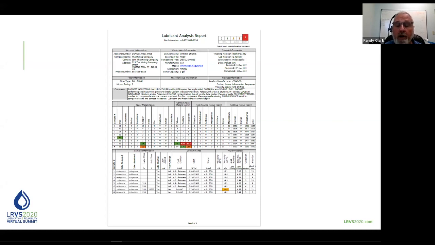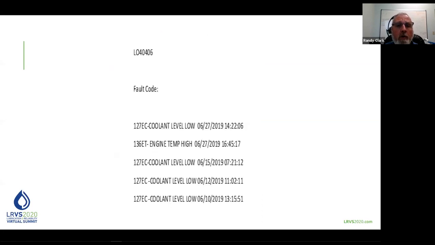You take what the oil analysis report has shown along with the fault codes, and you can easily fill in all the blocks of your cause and effect diagram and understand root cause much easier and drill down to that. And so just some great advantages all the way around as we start looking at integrating data.